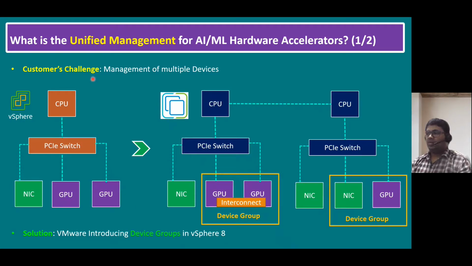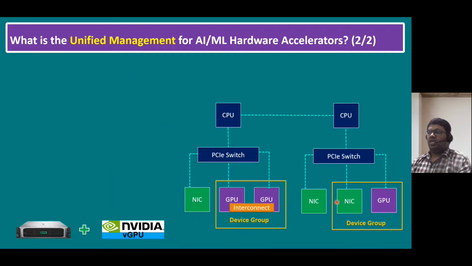So I hope you are clear about the customer challenge of accessing multiple devices. That is addressed in vSphere 8 with the concept of device group. And this device group is not only for GPU devices; we can also group a NIC and GPU. Okay. Now, what is the unified management for AI, artificial intelligence and machine learning hardware accelerators?